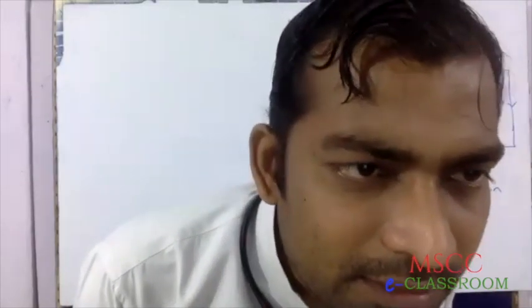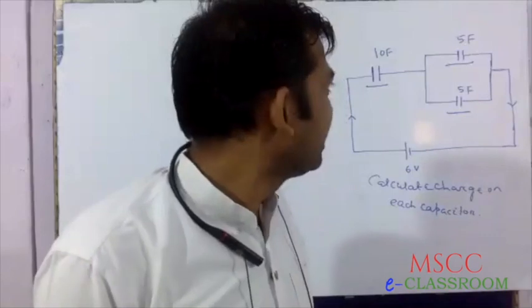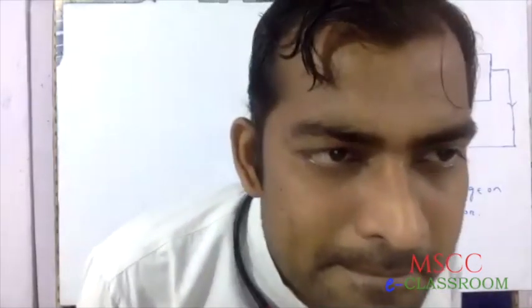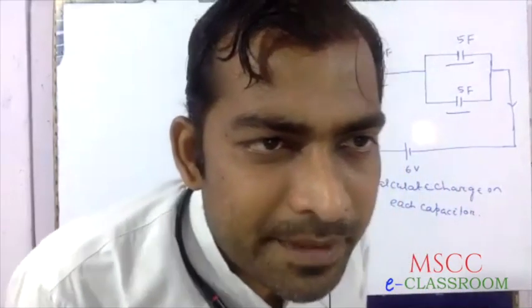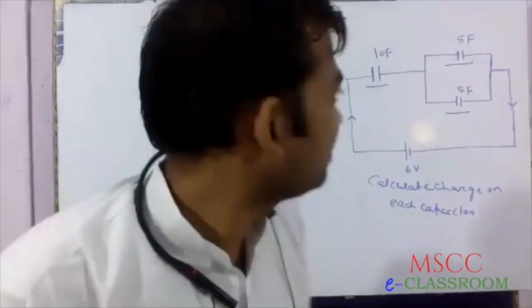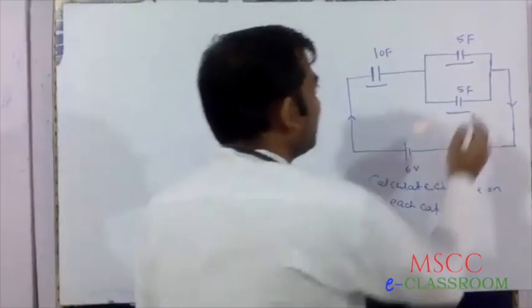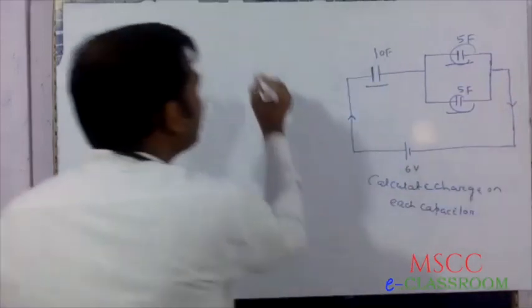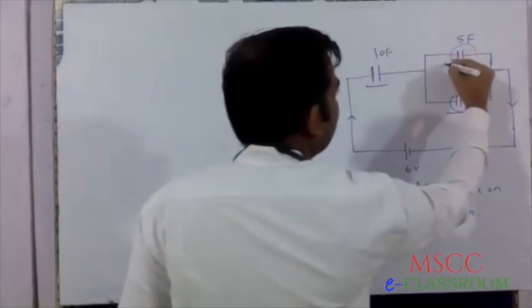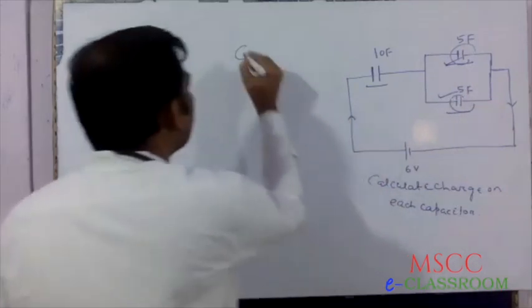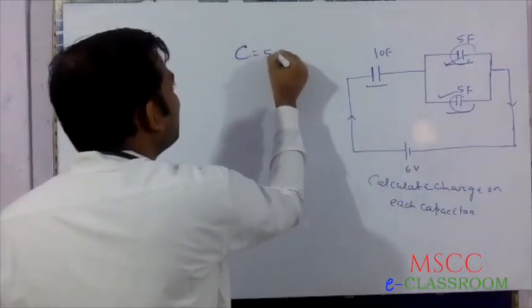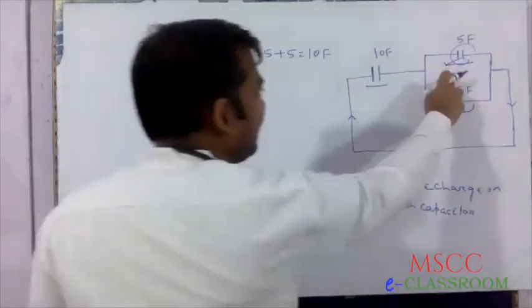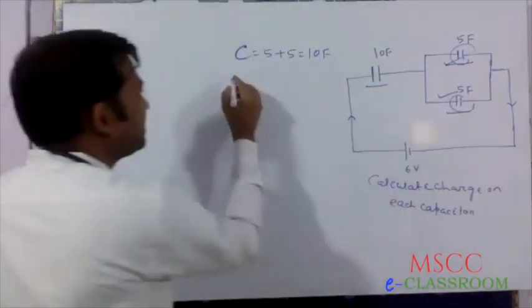Here 5 and 5, both are parallel. These two are in parallel combination, therefore equivalent capacitance C equals 5 plus 5, 10 farad.